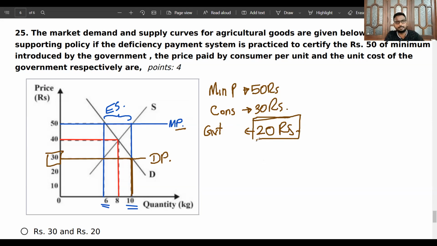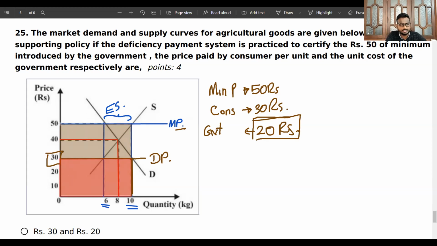So under deficiency payment system, what happens is, government will tell the producers, okay, producer, you have brought 10 units expecting 50 rupees for every single unit. But what has happened? Consumers are only ready to buy all 10 units at 30 rupee price, right? As a result, you are now not getting what is promised to you.